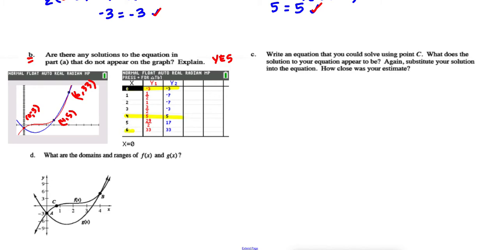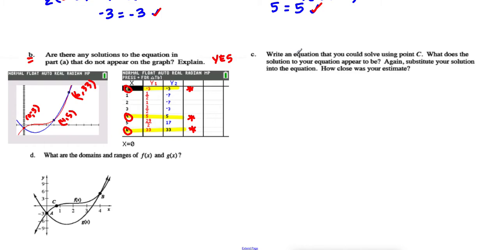And when we have 6, the outputs are the same there. So each of those is going to be a solution, or an intersection point. The solution, though, remember, was 6, 4, and 0 for our equation.